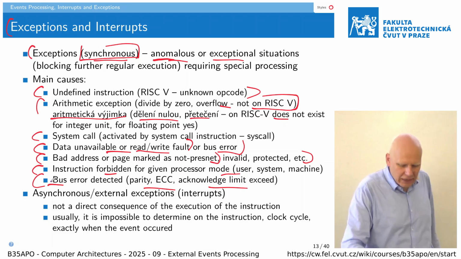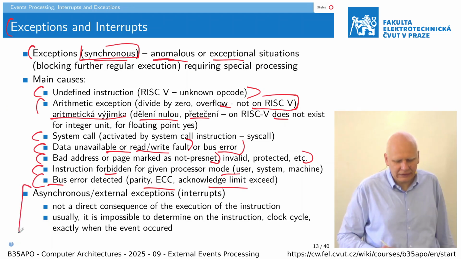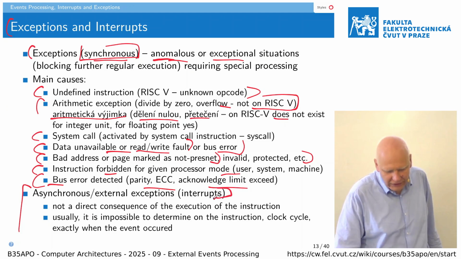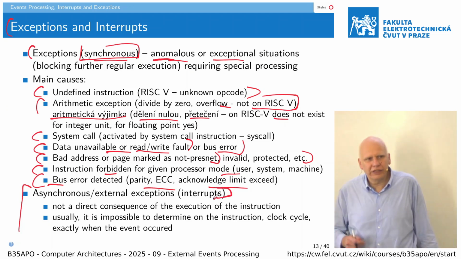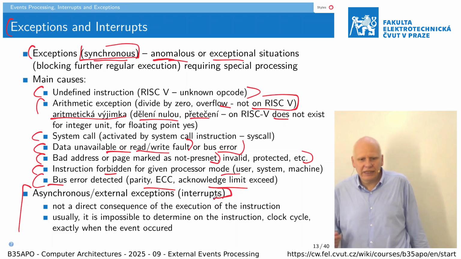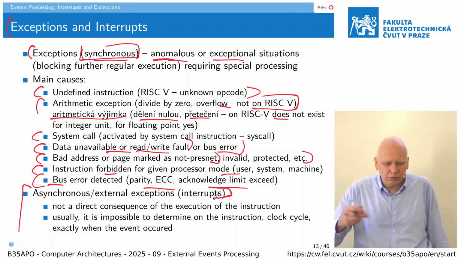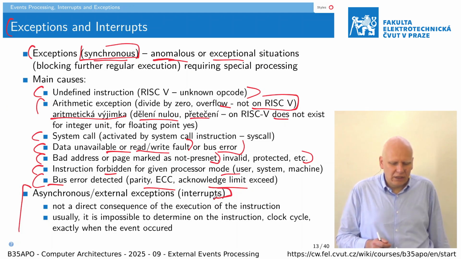And then there are those asynchronous external exceptions or interrupts. I will use the word interrupts usually for those external ones because they interrupt the regular processing because we need to do something more important at the given time.